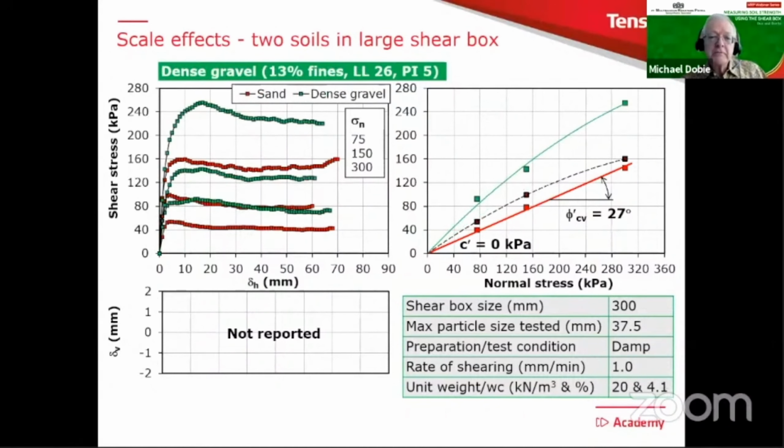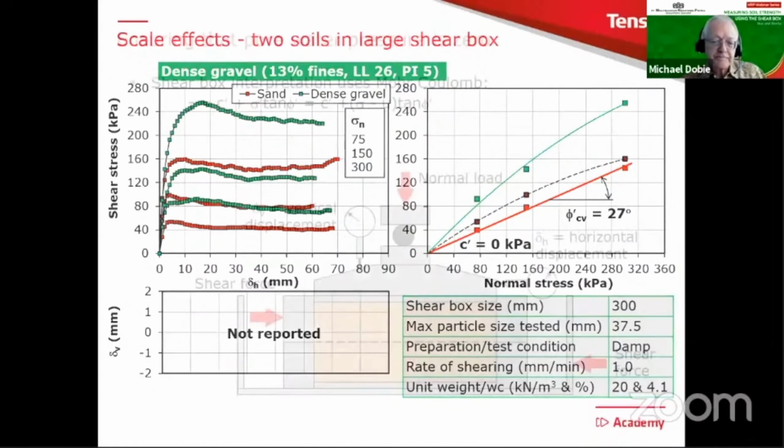If you compact the same gravel to a denser condition, then what you'll see has happened is that you reach the peak values more quickly because the gravel is denser. However, you still have to travel with your shear box quite a long way to reach those peak conditions. So this is a very nice illustration of the importance of shear box size on different soil types.